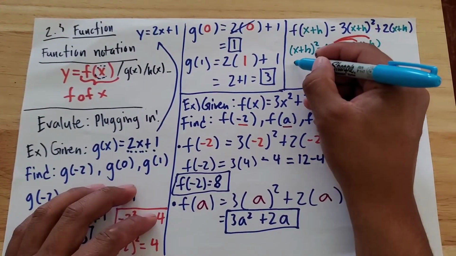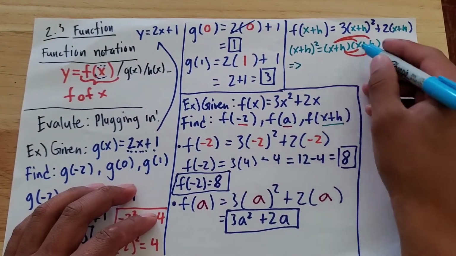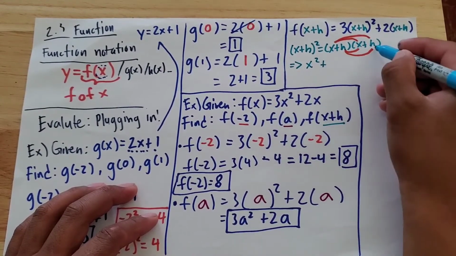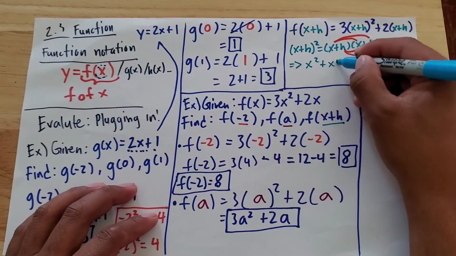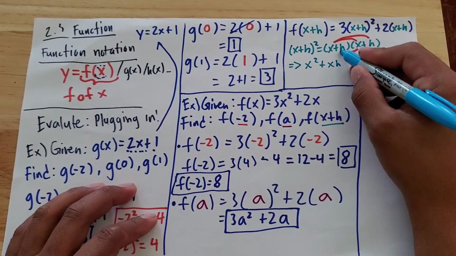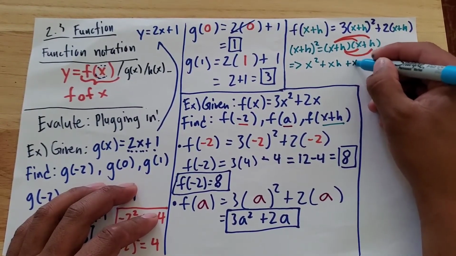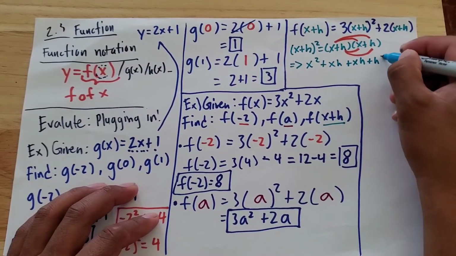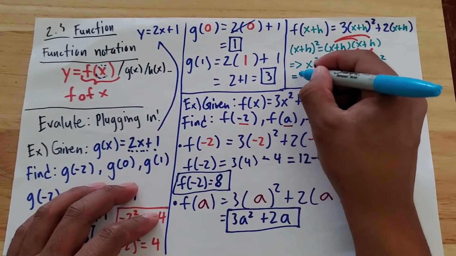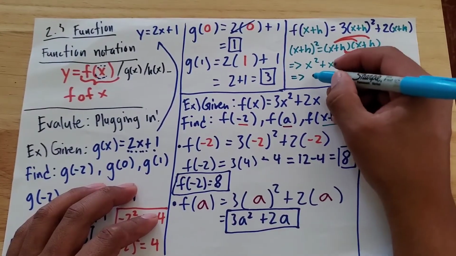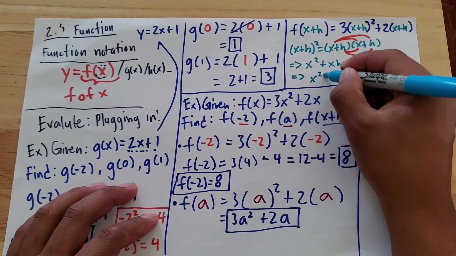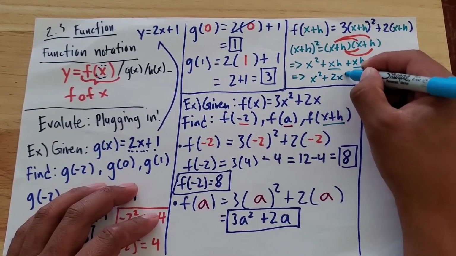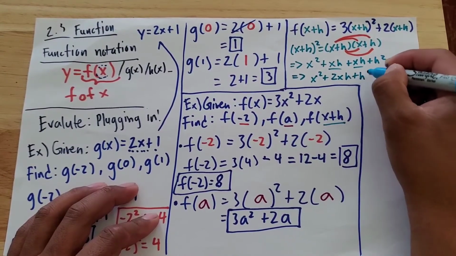Which simplifies to x times x is x squared, plus x times h gives you xh, and then h times x gives you another xh, and then h times h gives you h squared. Which simplifies to x squared plus, and then we can combine these two terms to give you 2xh plus h squared.